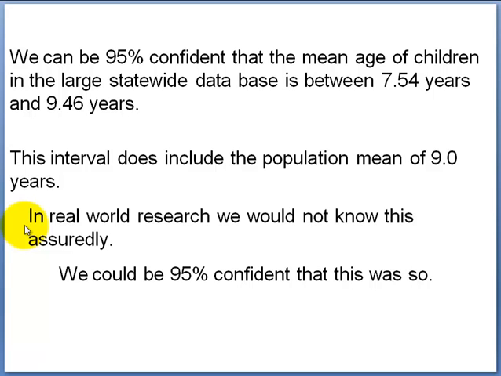So in real-world research, we would not know assuredly that our calculated confidence interval included the population mean. But based on the central limit theorem and the logic and theory that we worked through for confidence intervals, we can be 95% confident that our confidence interval includes the population mean.